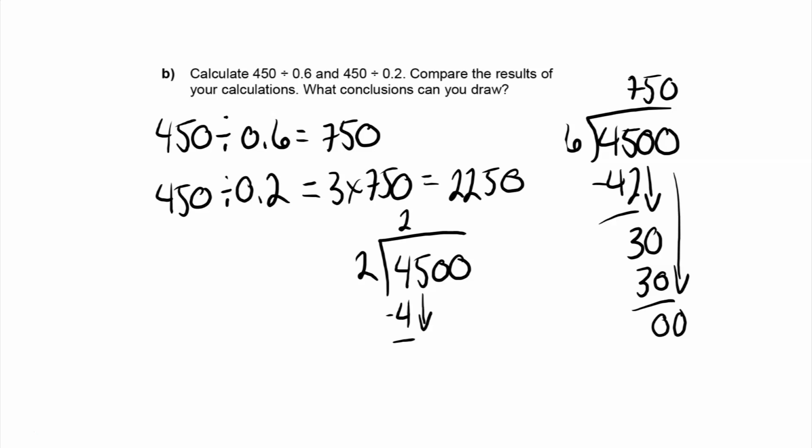Subtract and we get a 0 remainder, bring down the 5. 2 into 5 again goes 2 times. This time we have a 1 remainder. Bring down the 0. 2 into 10 goes 5 times exactly. And we bring down the 0, goes 0 times. So that confirms our answer that 450 divided by 0.2 is 2,250.